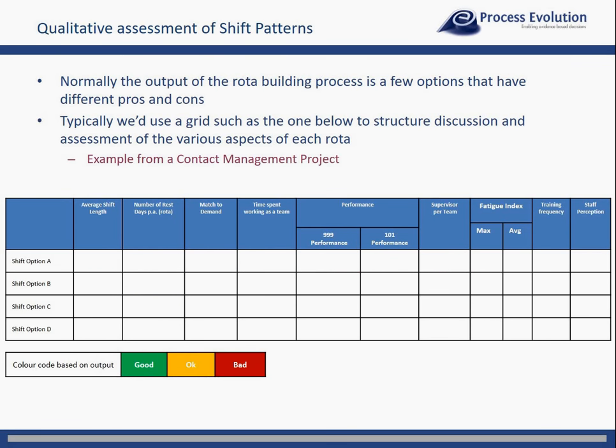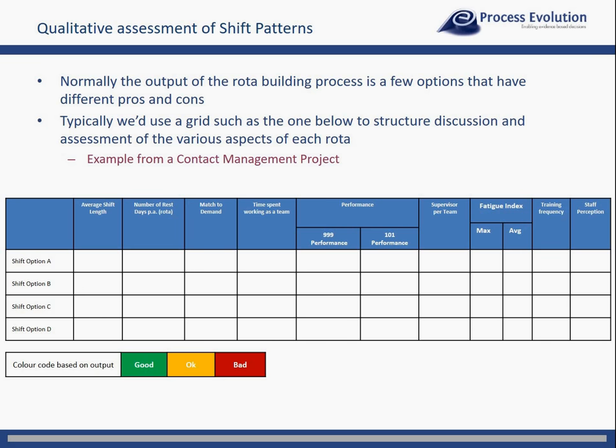So staff engagement throughout this process is important. It's important to understand the wishes of staff groups and what makes a good rota for them. In our experience of process evolution, we've seen lots of rotas that we would look at and consider non-optimal.